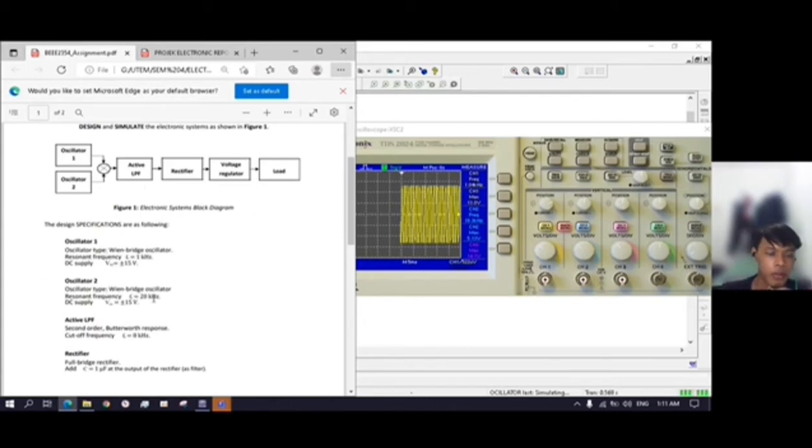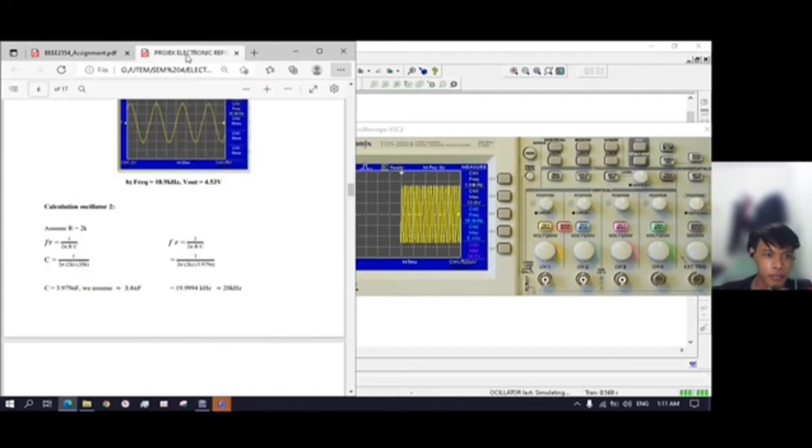For oscillator 2, we assume the resistor is 2 kilo ohm, and then we put in the frequency equation. We set the capacitor, and then we put the frequency as 20 kilohertz and the resistor as 2 kilo ohm, and then we will get 3.979 nanofarad.